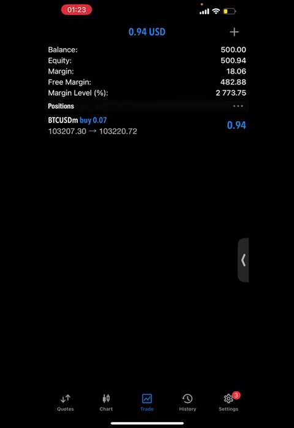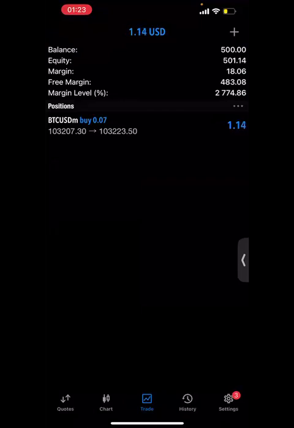So if you look up, you will see there is $1.65, now it is 0.9 something, and now it is 1 point. That is the current profit or loss that is floating. They call it floating profit or loss. So equity is my account balance plus that floating profit or loss. You understand? So 500 plus 0.22 is 500.22. As the market goes up and down, the equity also goes up and down.